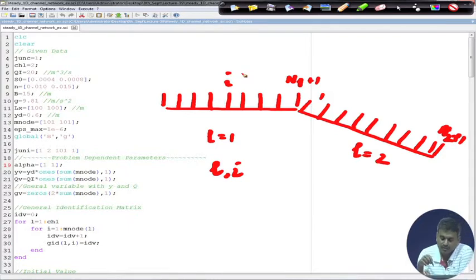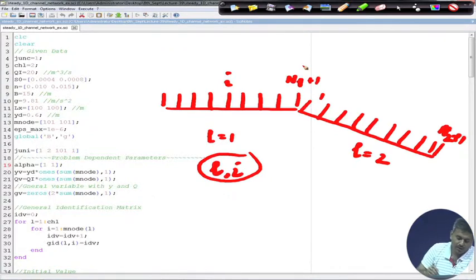Okay. So, this is the local numbering, I need one global numbering for this one. What is that global numbering? I should use a global number that information I can utilize during the construction of Jacobian matrix.